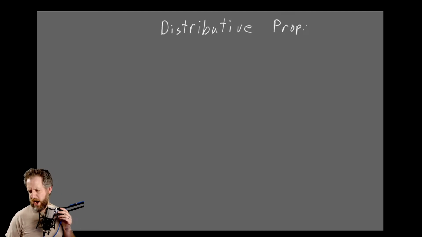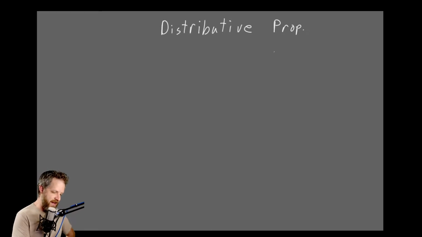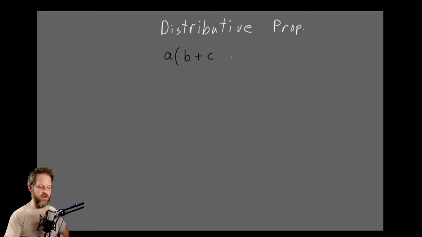So distributive prop. What the distributive property says is that if we have A times B plus C, and actually this goes out to plus D plus E plus whatever, you could have a distributive property that strings on forever, but we're going to write the example and the definition simply like this.